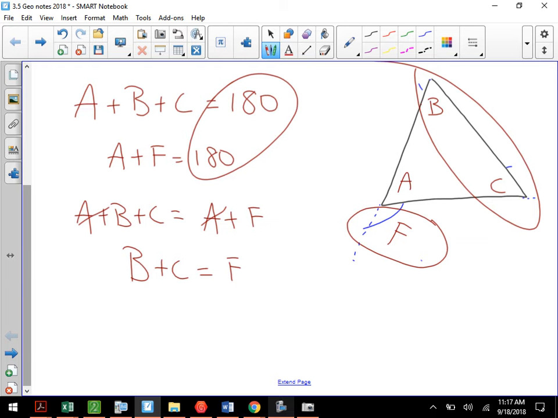The outside angle will always equal the sum of the two it doesn't touch. I think that's the easiest way to write that out. That exterior angle, the angle on the outside, always equals the sum of the two angles it does not touch.